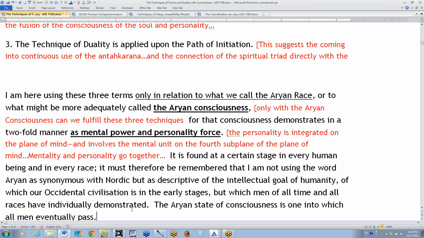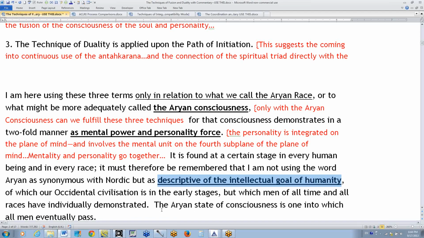The mind is used to recognize the higher mental nature, the consciousness on the higher mental plane, which we so often call soul. So I'm not using, he says, the word Aryan as synonymous with Nordic, but as descriptive of the intellectual goal of humanity at the present time, of which our Occidental civilization is in the early stages.